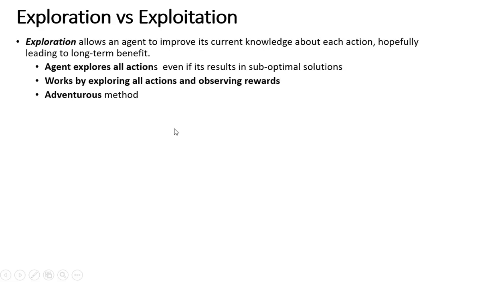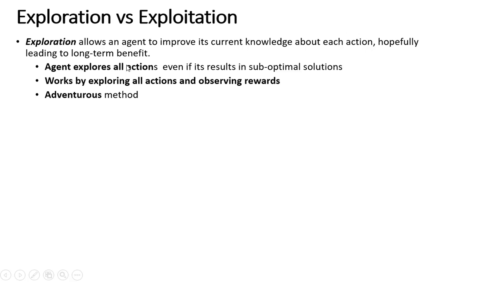Now a very important question: what's the difference between exploration and exploitation? In the next few algorithms we will see where they use either exploration or exploitation. Exploration is where the agent tries to improve its current knowledge about each action.